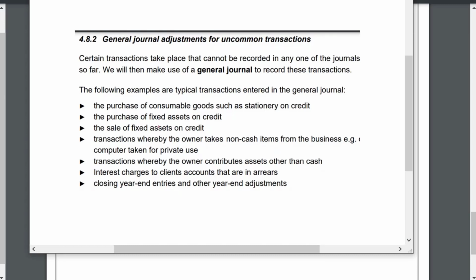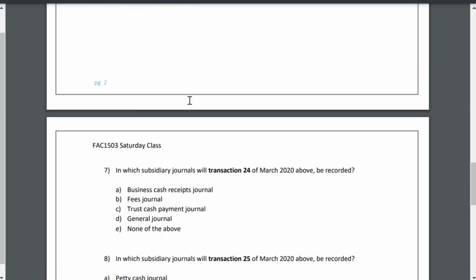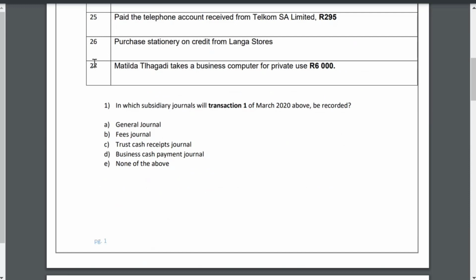Well done, guys. This forms part of bullet point number 1. That's why we are saying it is the general journal. And then the last transaction, transaction number 27: Matilda Tlhagadi, the attorney for Matilda Tlhagadi Attorneys, takes a business computer for private use.